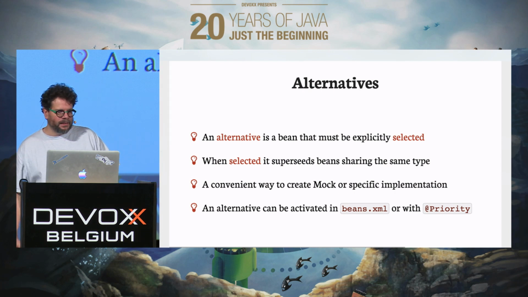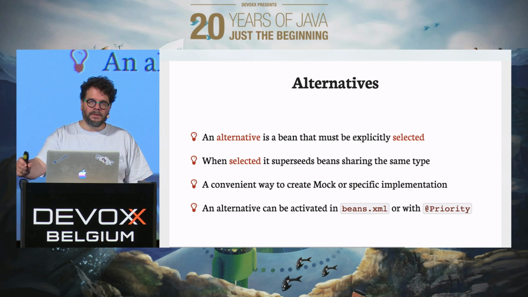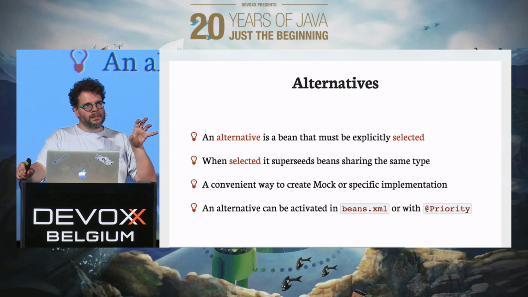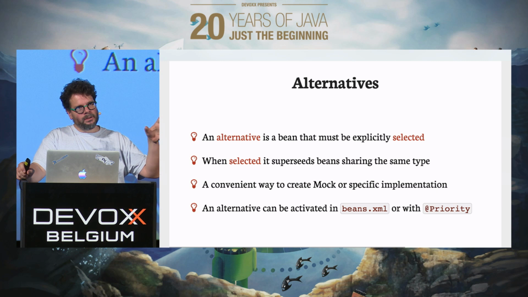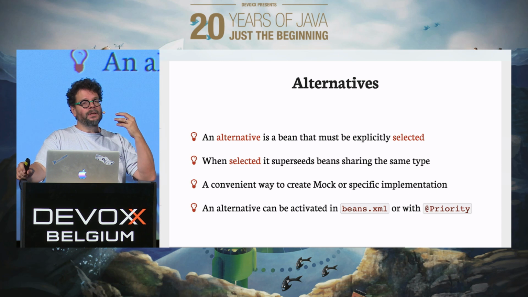An alternative is a bean that must be explicitly selected. You create the bean, but it's not active. You have to say, okay, now I activate this alternative. When this alternative is selected, it supersedes the bean sharing the same type.